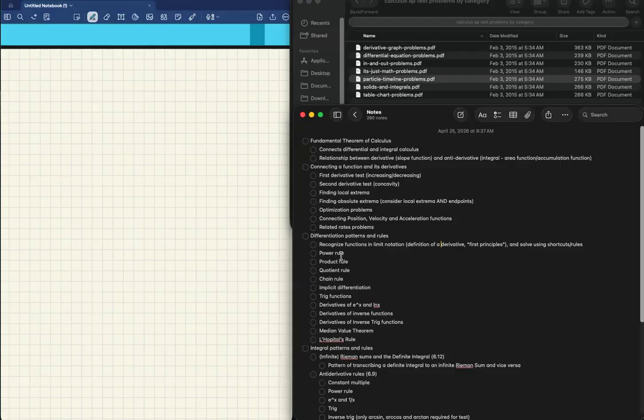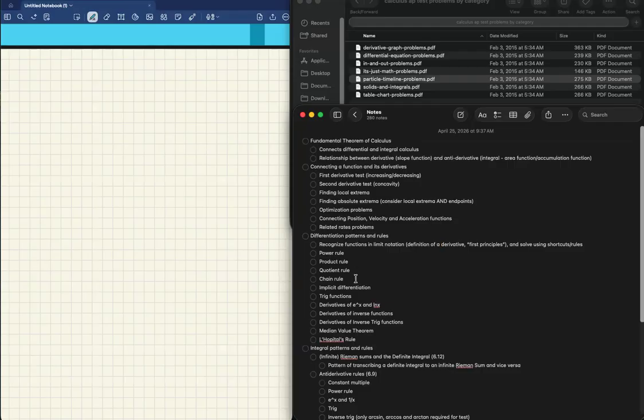So then here, just to summarize and mention all of them, there's the power rule, which is just finding the derivative of a power function. Then the product rule, that's VUF, V U prime plus U V prime. Then the quotient rule, also VUF, but it's V U prime minus U V prime over V squared.